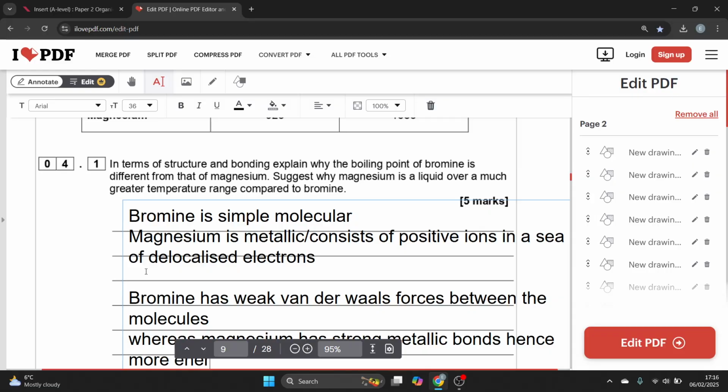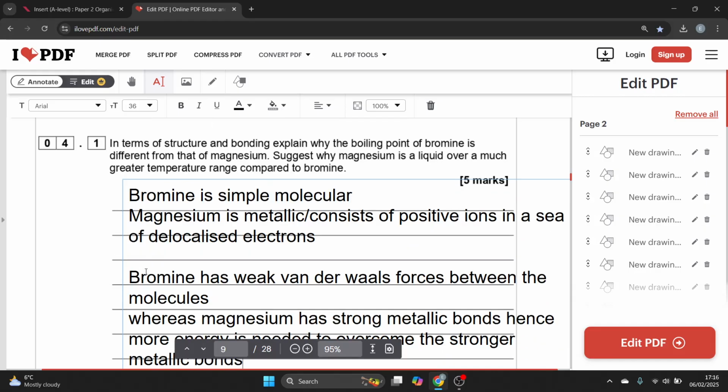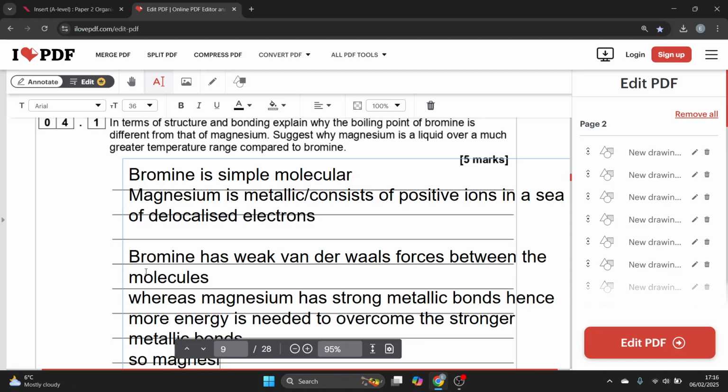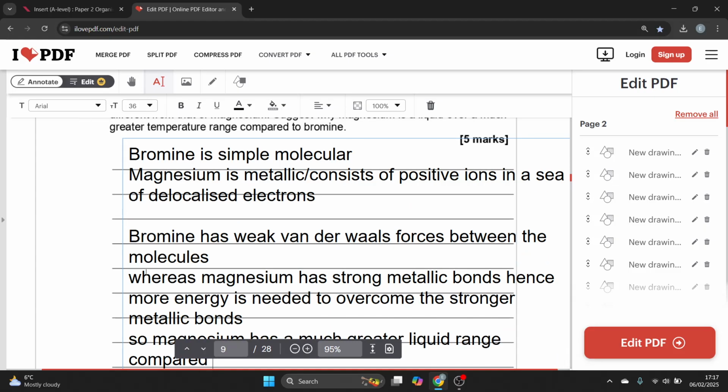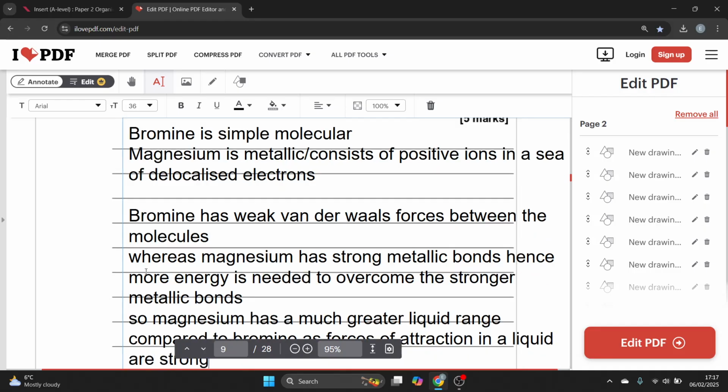Hence, more energy is needed to overcome the stronger metallic bonds. So magnesium has a much greater liquid range compared to bromine. Why? As forces of attraction in a liquid are stronger.